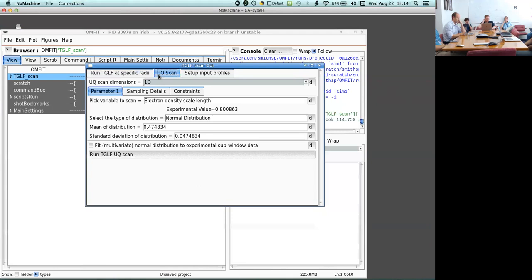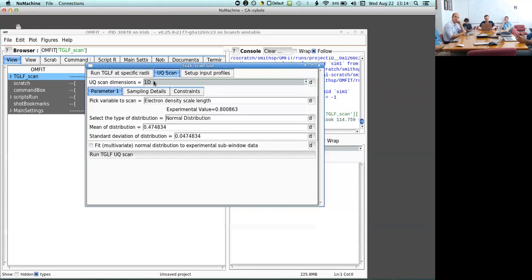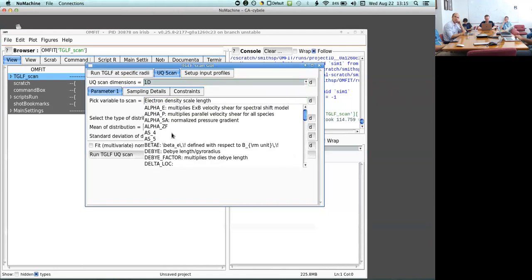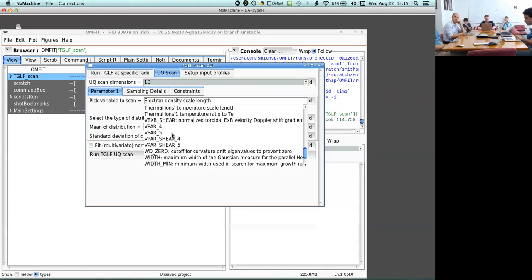So we can go to the UQ scan, and here we can determine what our uncertain parameters are. We can choose how many uncertain parameters we want to propagate their uncertainties throughout TGLF. For the first study, I'm going to do a 1D scan propagating the ion temperature gradient A over LTI.